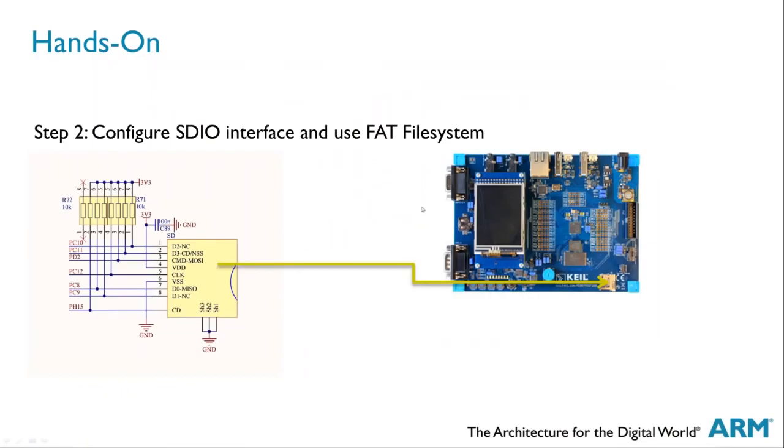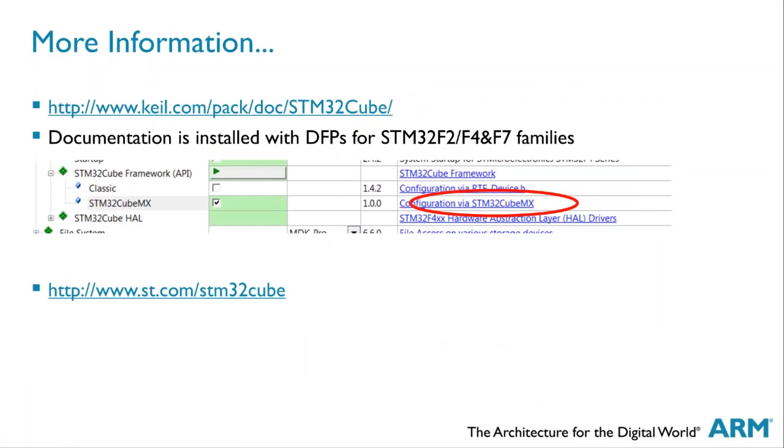More information can be found, especially on the web. There is documentation on the Cube integration on keil.com/pack/doc STM32Cube. Or if you have installed the DFP, which you have because you will be using that in MicroVision, or otherwise you can't use an STM32 device, you'll find that in the RTE dialog.